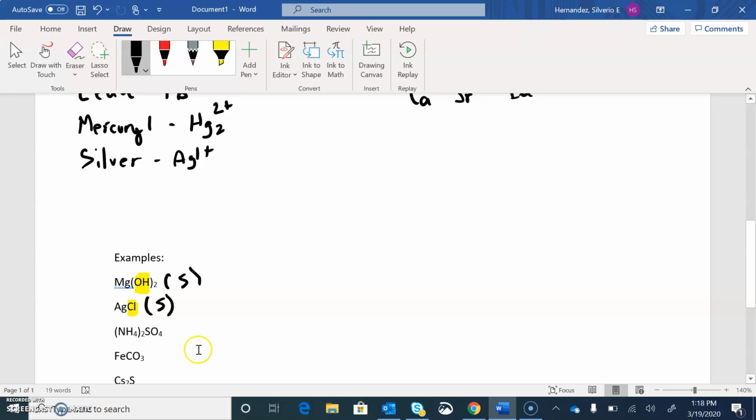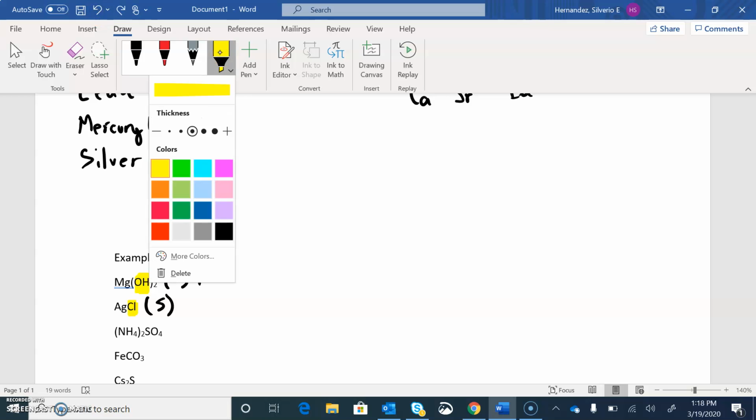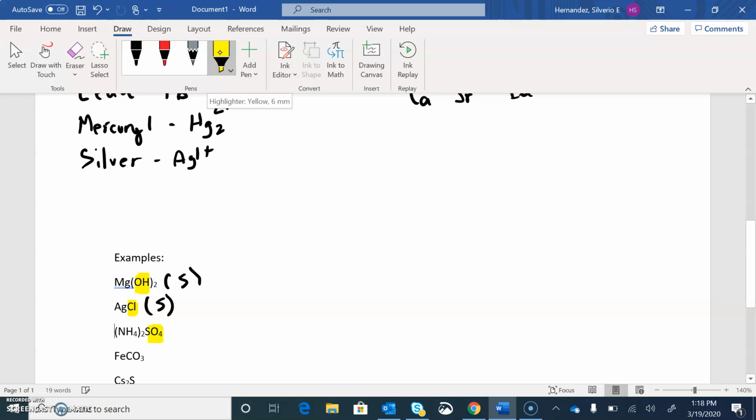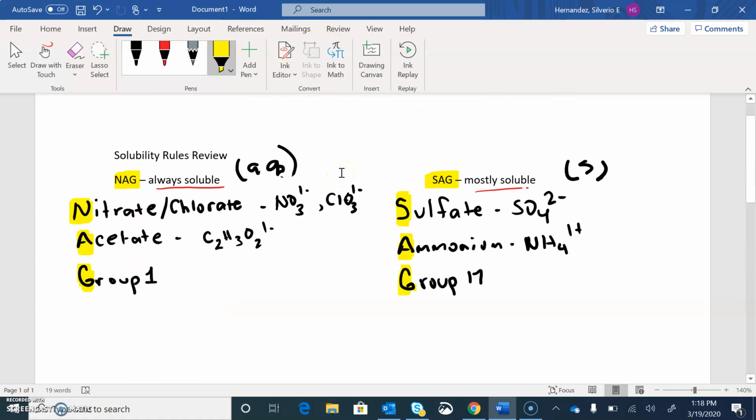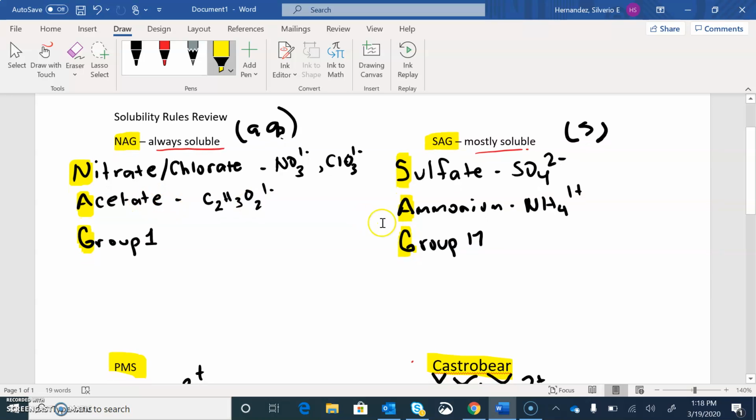The next one, you have ammonium and you have sulfate. Again, I'm going to look at the sulfate ion there. I'm going to scroll back up, and this one's kind of a tricky one because here I have two things that are part of my rules that make up that compound.